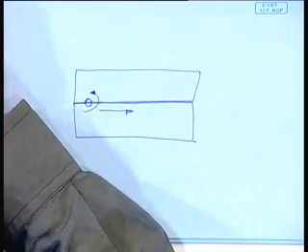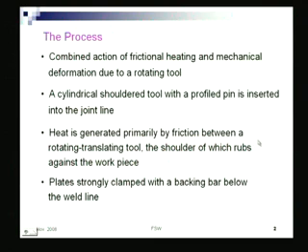So, heat is generated primarily by the friction between the rotating, translating tool and the shoulder, which rubs against the workpiece. Plates are strongly clamped with a backing bar below the weld.